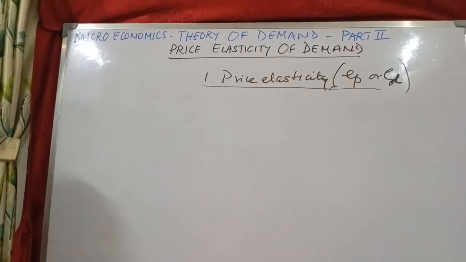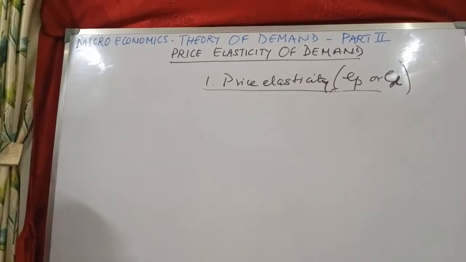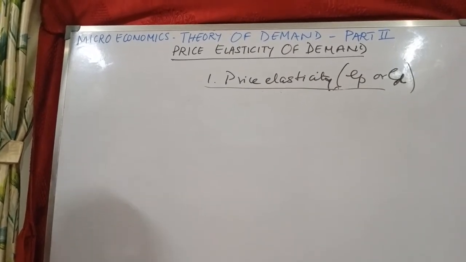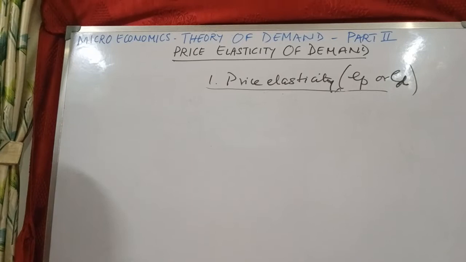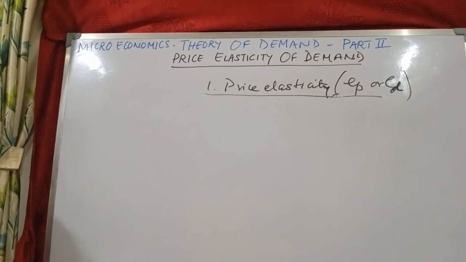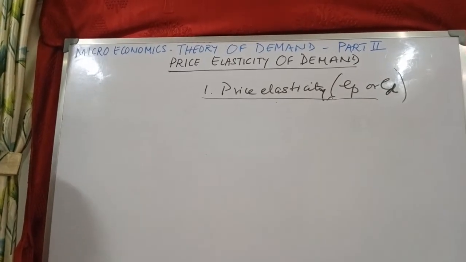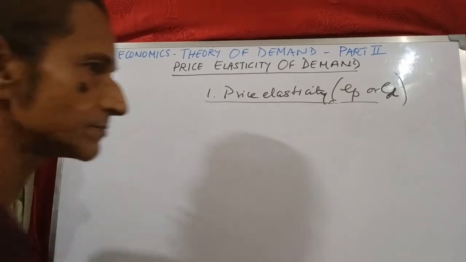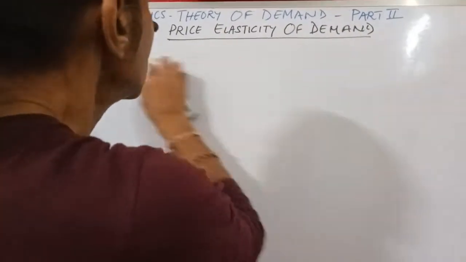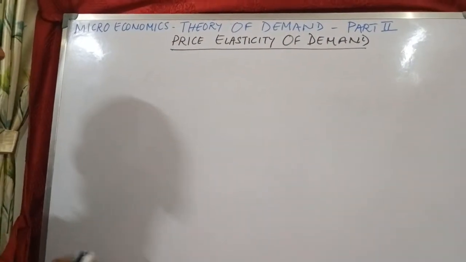That means when price of a commodity falls, quantity demanded increases, and when price increases, quantity demanded falls, with ceteris paribus assumptions, that is other things remaining the same. And what are the other things? Other things means the other factors. Now in this video we shall learn price elasticity of demand.